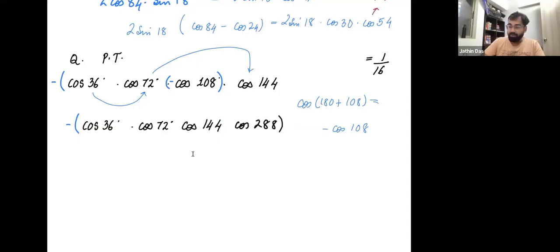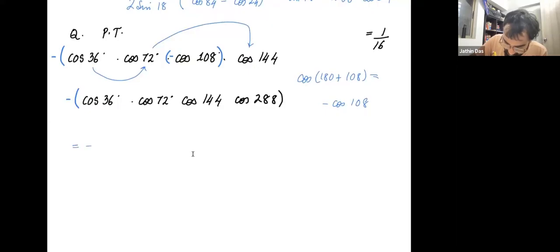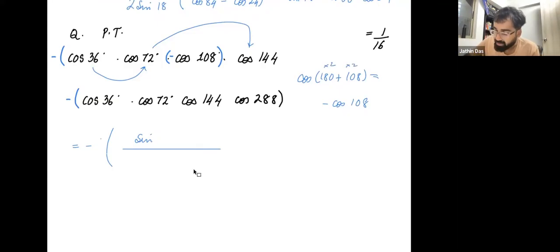So what was it? Minus will come. It will be sine of twice the biggest angle. Okay. So twice of 288, how much will it be? You can think like this: twice of this. So it will be sine of 360 plus 216.